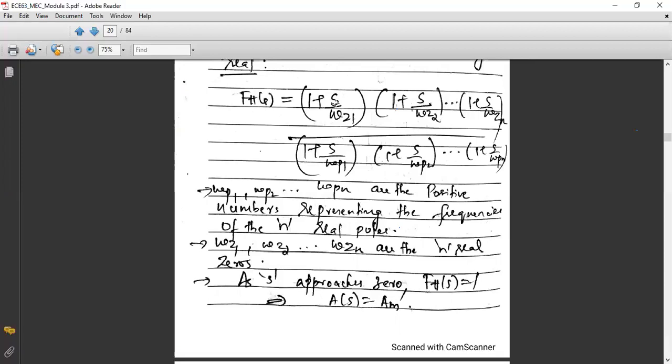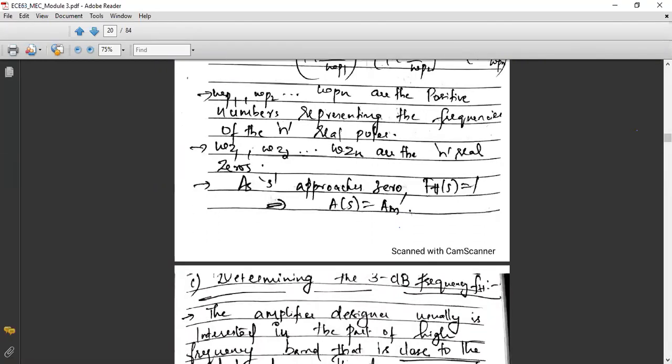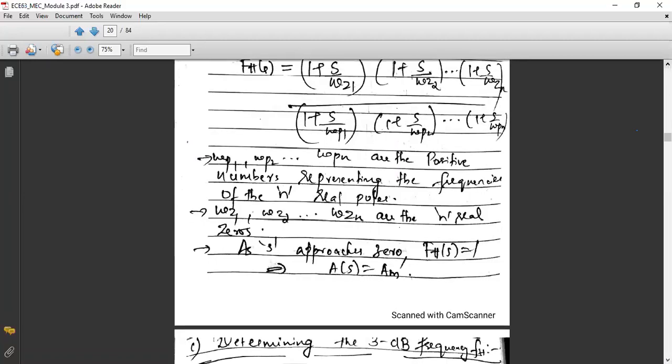So the overall ratio becomes 1. Whenever the frequency is low, the high frequency function becomes 1, so the overall gain becomes the maximum midband gain. This is a way of representing the high frequency gain function.